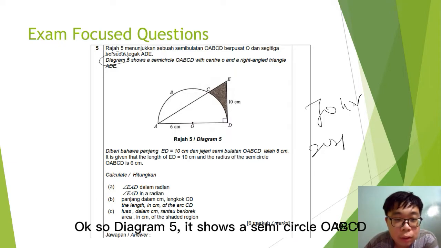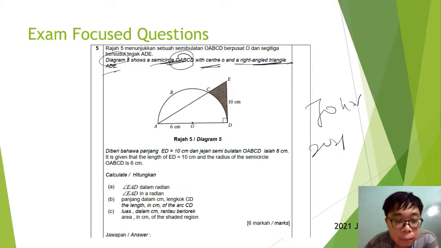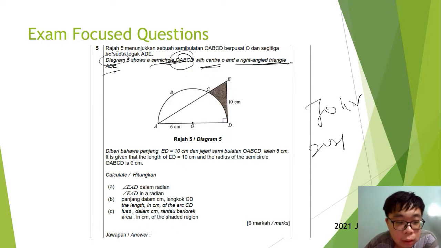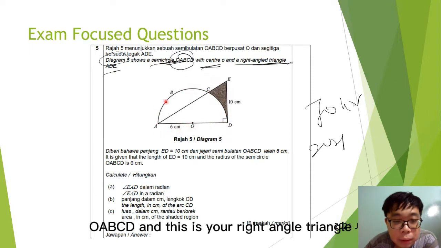Okay, so diagram 5 actually shows a semicircle OABCD with center O and a right angle triangle ADE. So we will see what is center O and right angle triangle ADE. Okay, so you can see this is the sector with center O, ABCD, and this is your right angle triangle ADE.